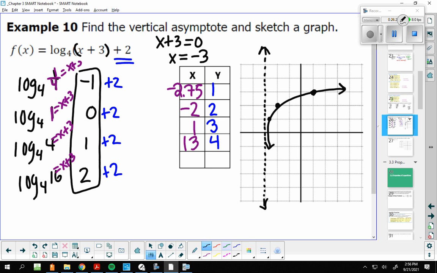So again, let me go through the process one more time. We picked our exponents and we worked backwards. We want our logarithms, our exponents, to be negative 1, 0, 1, and 2. So then my base would be 1/4, 1, 4, and 16. You're welcome.